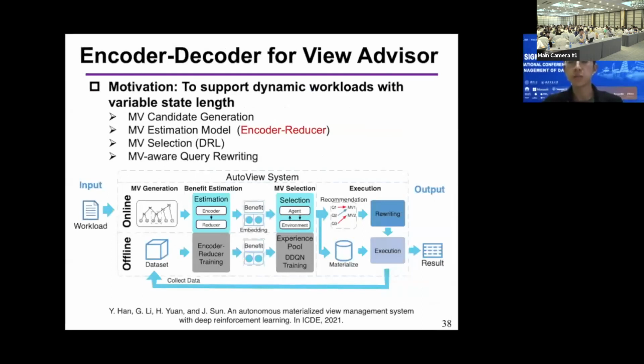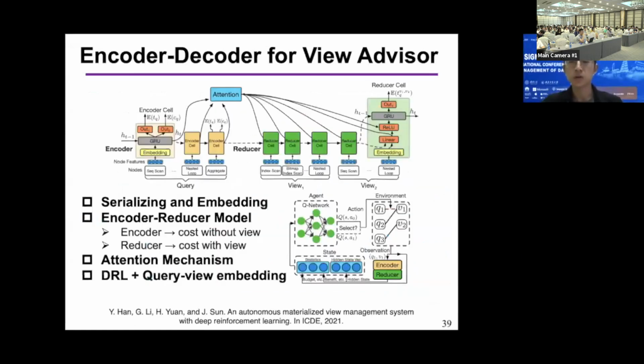So to address this problem, Han has proposed an encoder-reducer-based view advisor, which first extracts common subqueries across all the user queries and uses a deep encoder-reducer model to estimate all the queries together with the candidate MVs, and will take the embedding vector for the RL architecture to select MVs.